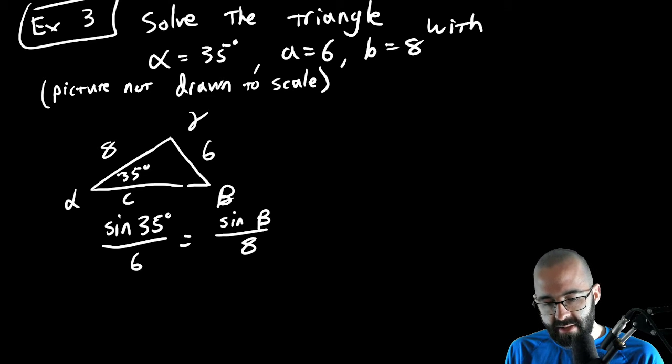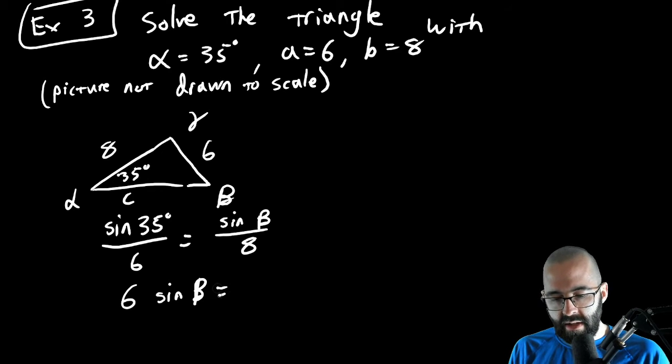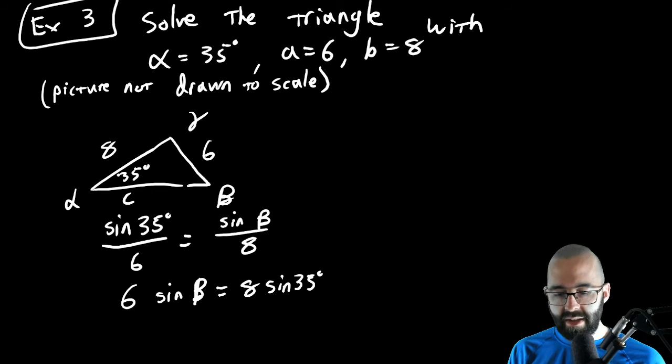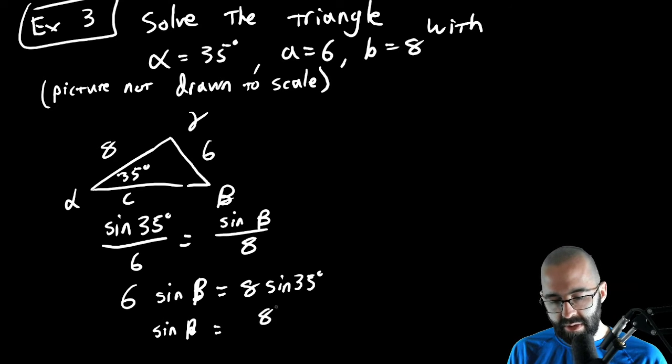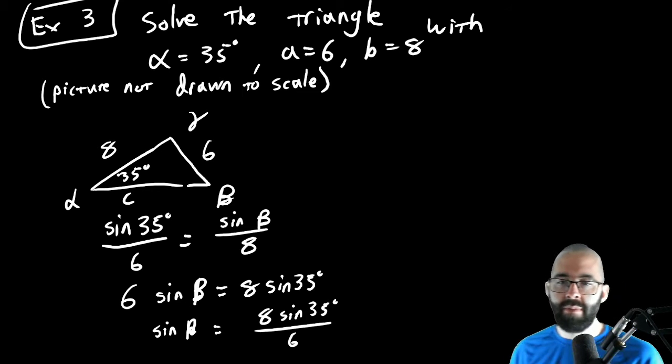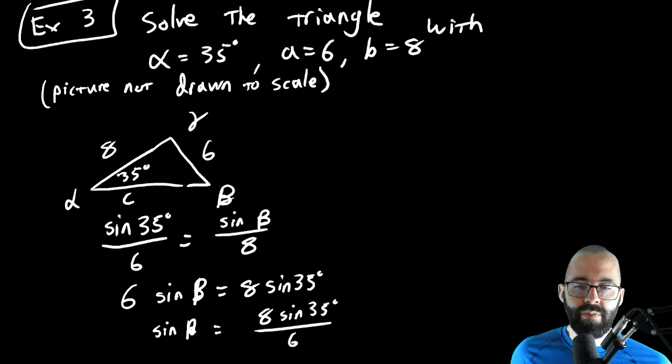Let's solve for B. So we get 6 times the sine of beta equals 8 times the sine of 35 degrees. Keep things exact as long as you can. We'll approximate later. Or that the sine of beta is equal to 8 sine of 35 degrees divided by 6. That can be reduced, but we're going to be approximating here anyway.